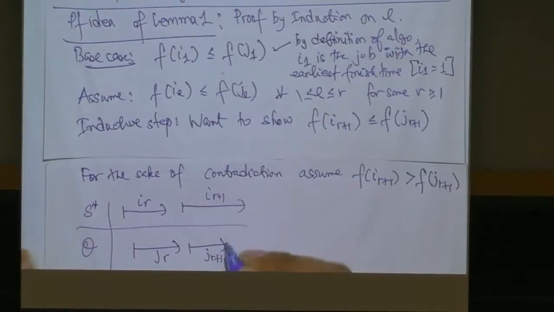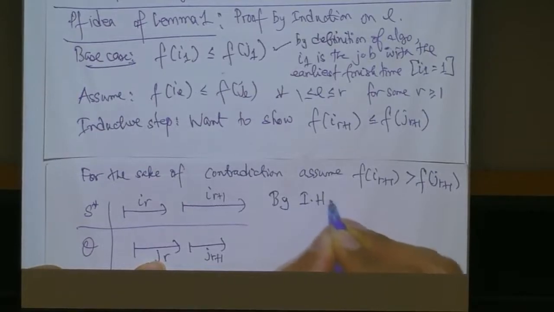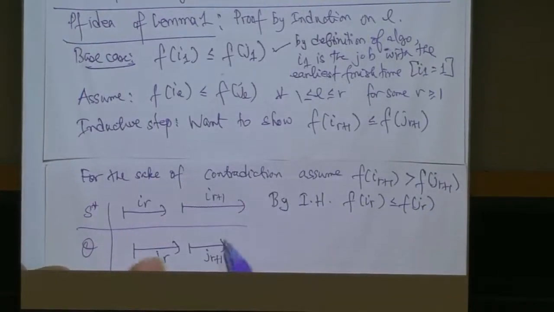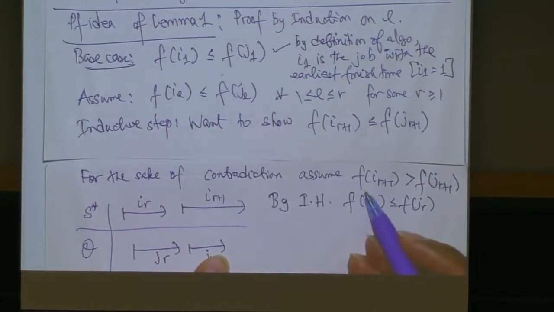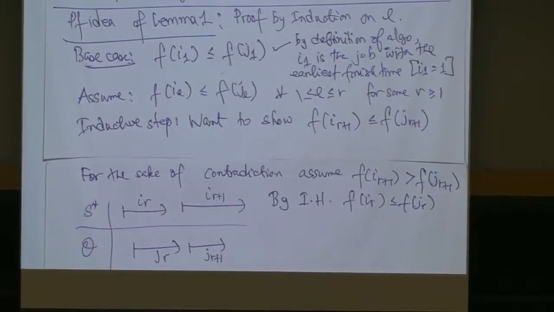Okay, so the fact that this finishes before this just follows from the inductive hypothesis. And the fact that this guy finishes after this just follows by our assumption for the sake of contradiction. Okay. And so now what we're going to do is a similar thought process as we did when we did the proof of the theorem, which is we're going to see what the situation is for the greedy algorithm after it has added the Rth guy.